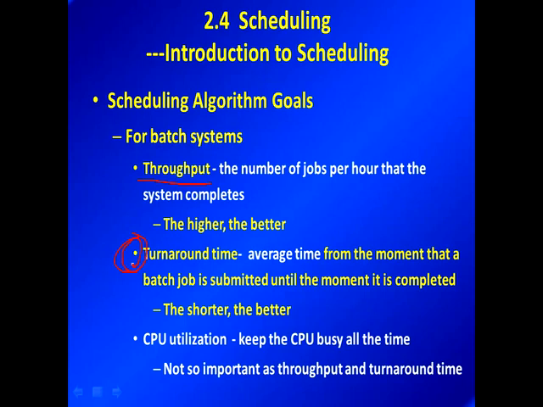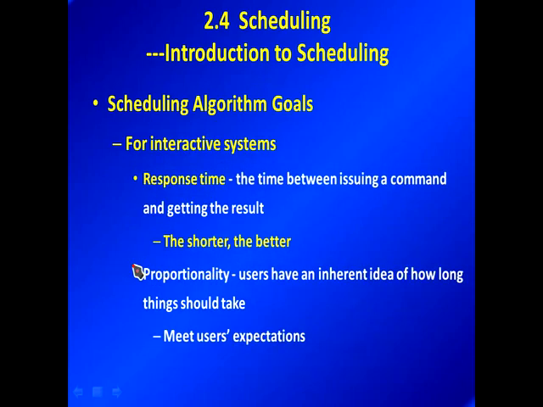So this is for batch systems, and for interactive systems, we just mentioned that the response time is the key criterion, because the users need to get their response in a very short time.